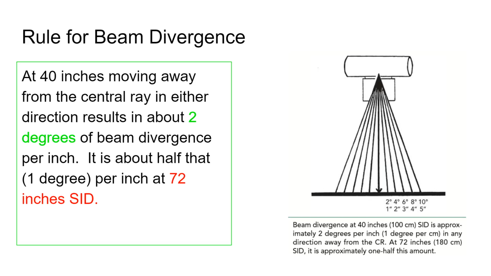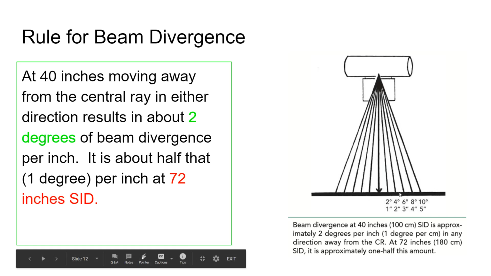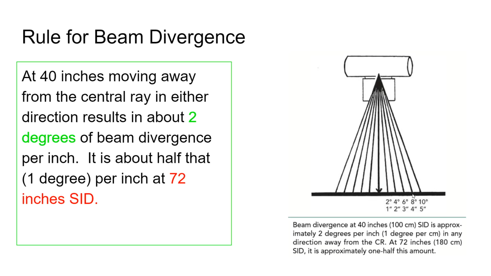So notice here, the tube is not angled, right? But every single inch, so if you are 1, 2, 3, 4 inches off of where the central ray should be, that's as if you angled the tube 8 degrees.